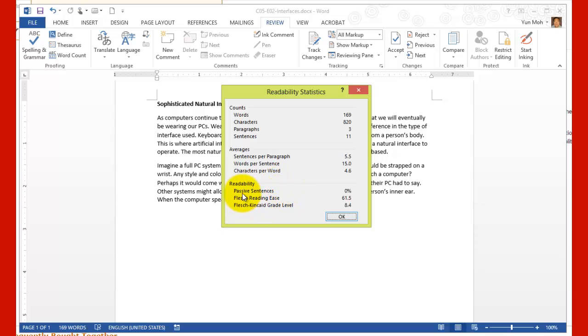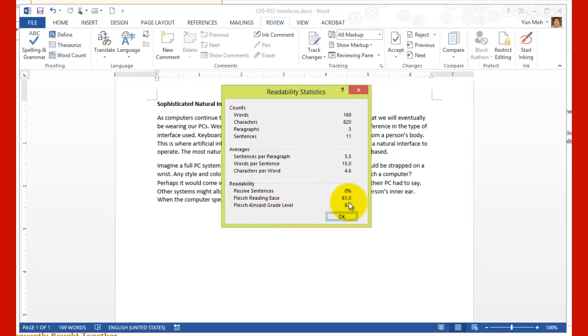And then we have no passive sentences. That's good. More passive sentences means it's harder to understand. And then we have certain standards here. It says Flesch Reading Ease is 61.5%, and Flesch-Kincaid Grade Level 8.4.